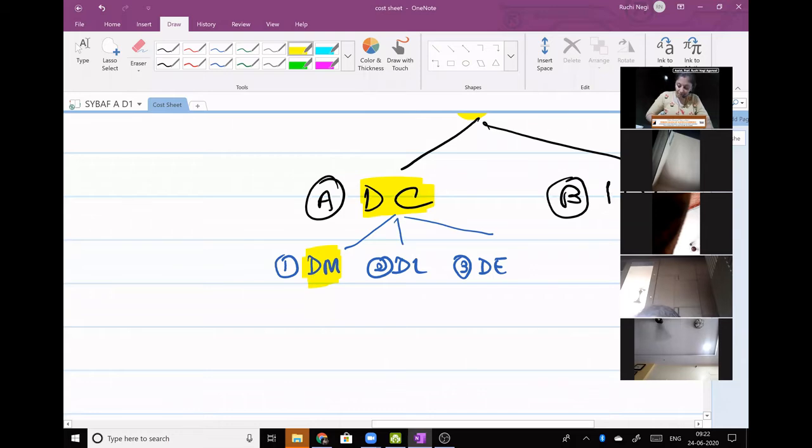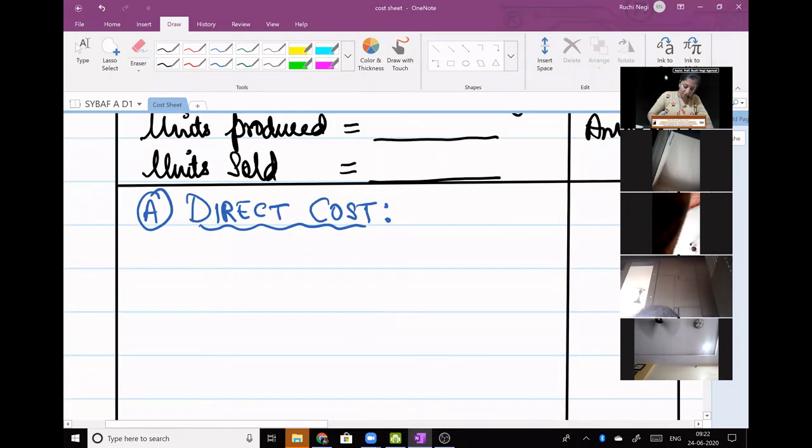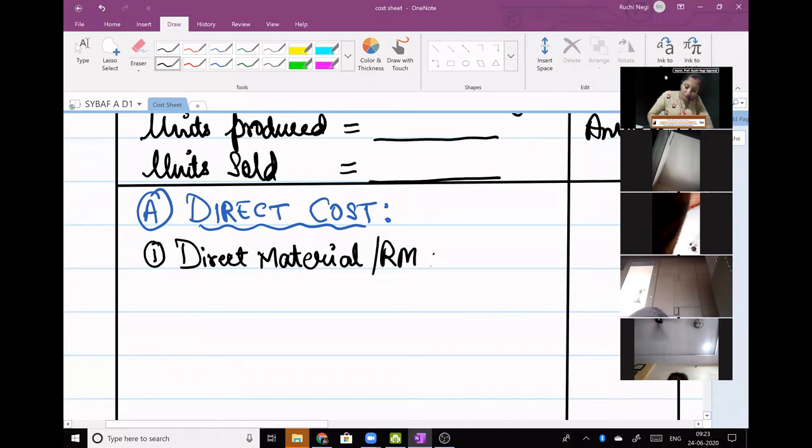Clear? Start. Direct material, also known as material consumed.